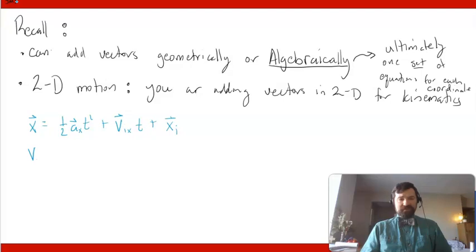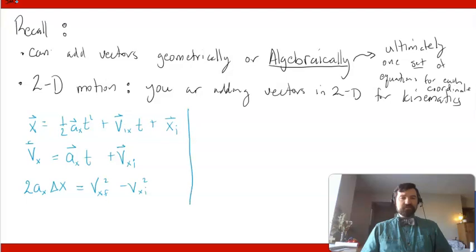We also expect that the velocity along x will be the acceleration along x times time plus the initial velocity along x. And we also have the time-free version of this, 2 times the x acceleration times the change in x should be v_x final squared minus v_x initial squared.